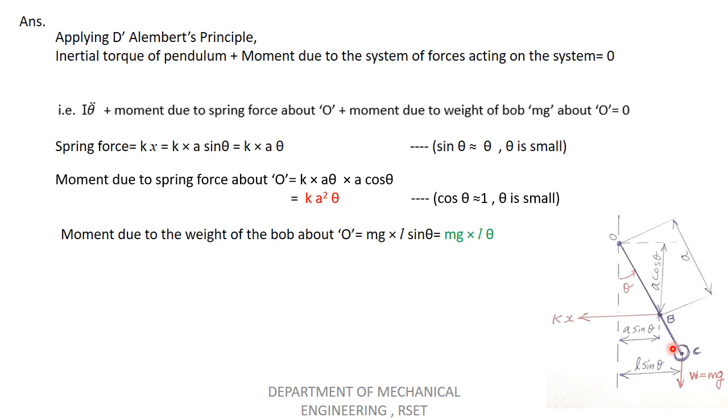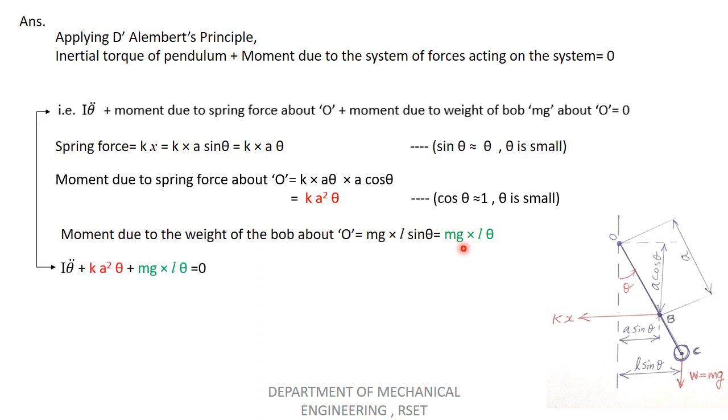So W into L sin theta, or mg into L sin theta. Since theta is very small, sin theta can be approximated as theta. So we write mg into L theta. That is the moment value of the weight about the point of oscillation.